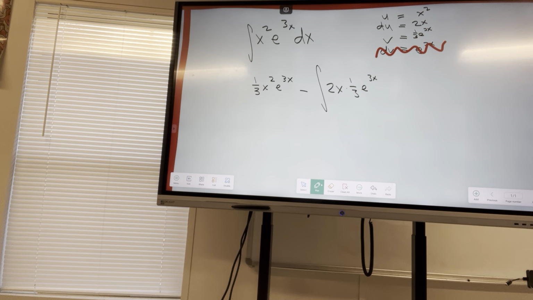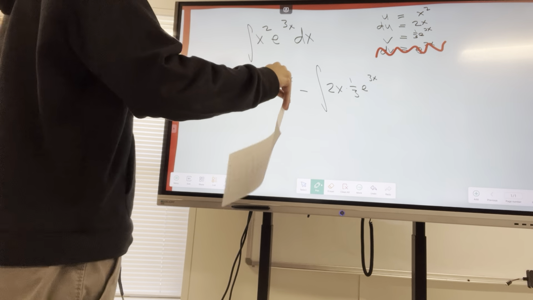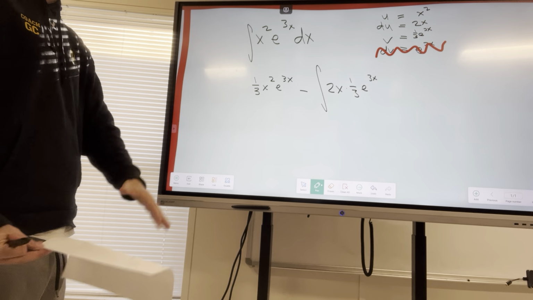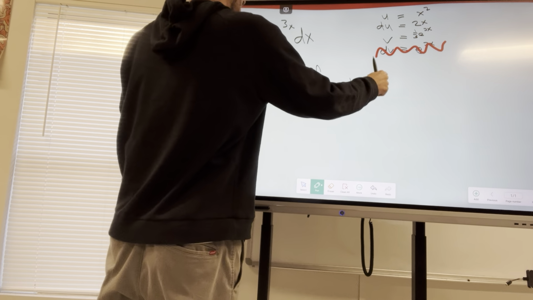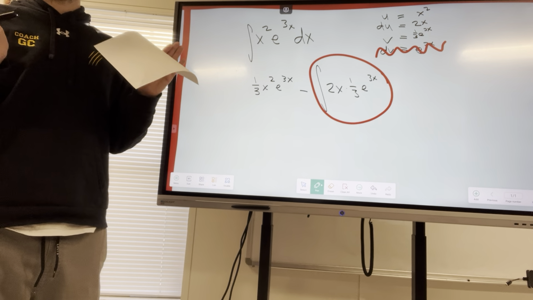Okay, we did try to break this up, integration by parts. We still have more work to do. We still need to take an integral. If we look at this piece, we think we're on the right track.